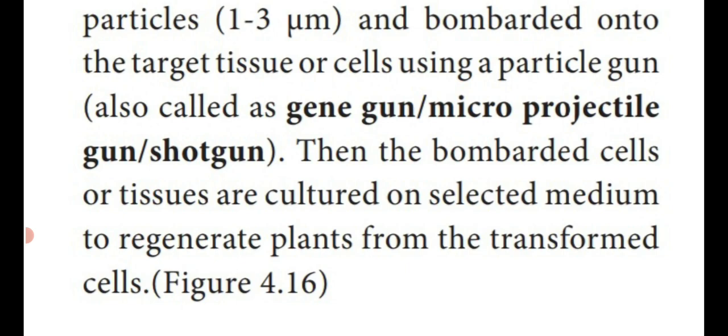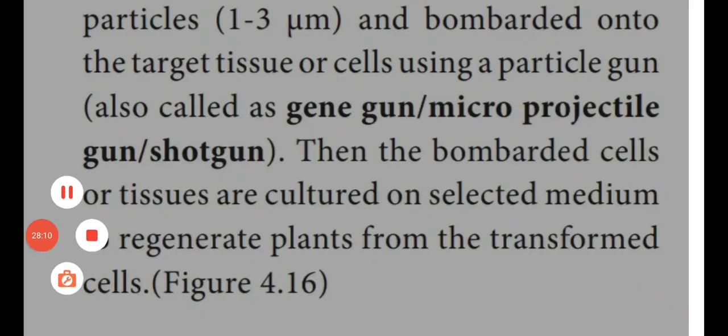That's why it is known as the gene gun method, microprojectile gun method or shotgun method. Then these bombarded cells or tissues are cultured in the selected medium to regenerate the plants from the transformed cells. So this method is called the biolistic method.